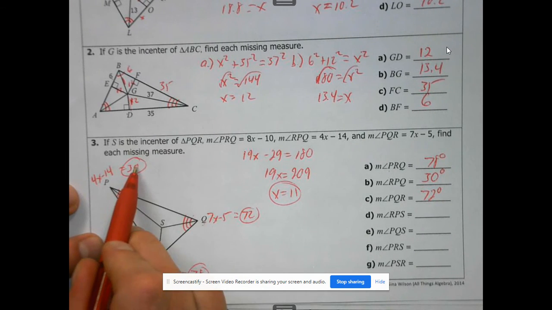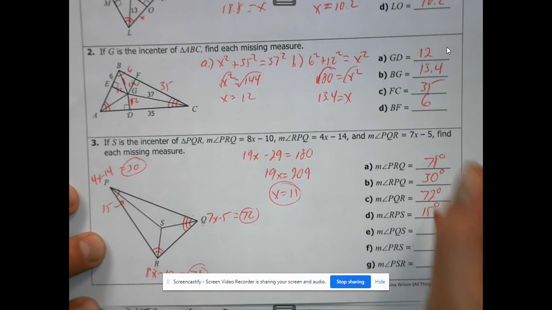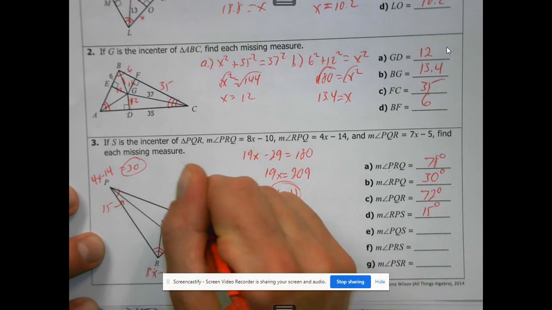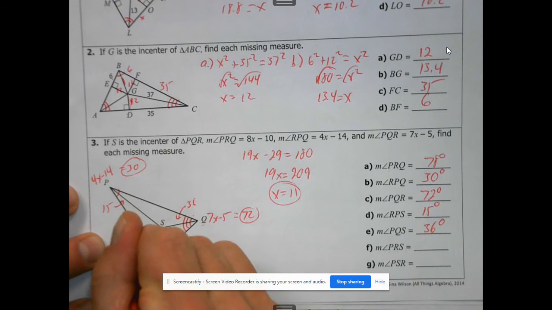Well, if the whole thing is 30, half of that has to be 15. PQS, this piece, well, the whole thing is 72. Cut that in half, 36. Angle PRS right here. Half of 78, 39.